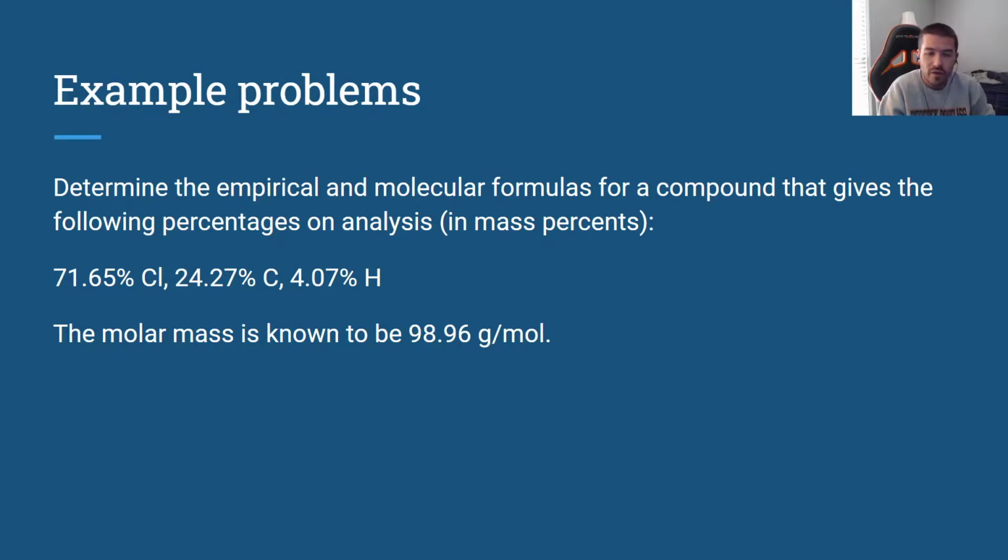So this really is kind of like a real-life chemistry example where you might be in a lab, you've created some compound, you've been able to figure out the mass percentages through some analysis, but you don't know what the actual formula is. The only other piece of information you do know is listed there at the bottom. The molar mass of the compound is known to be 98.96 grams per mole.